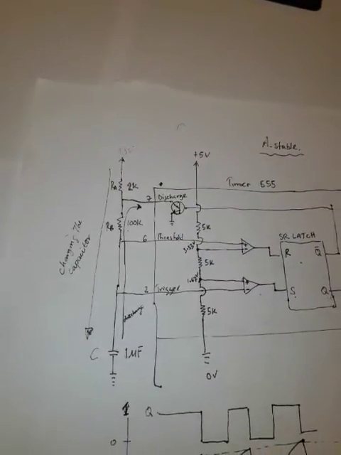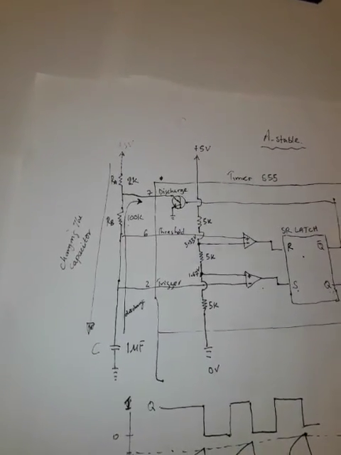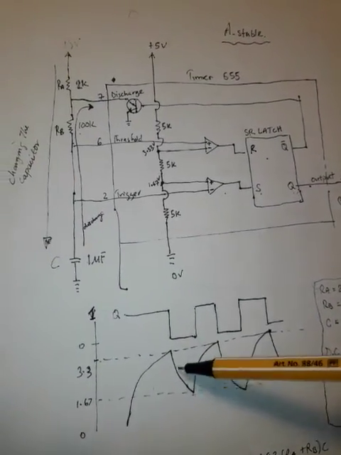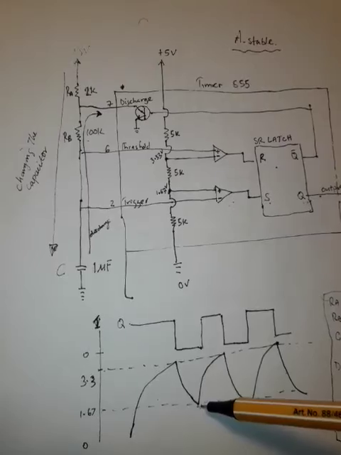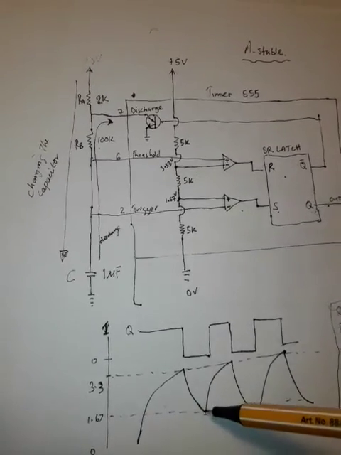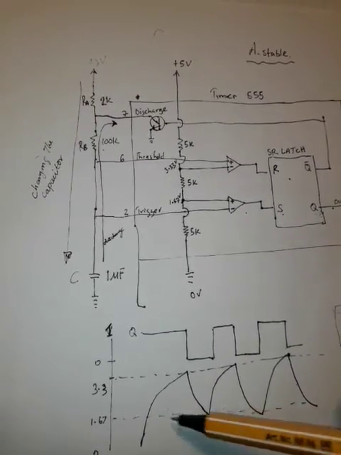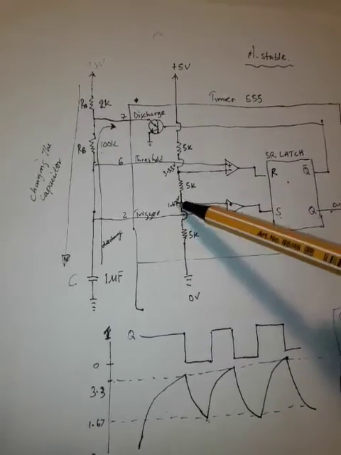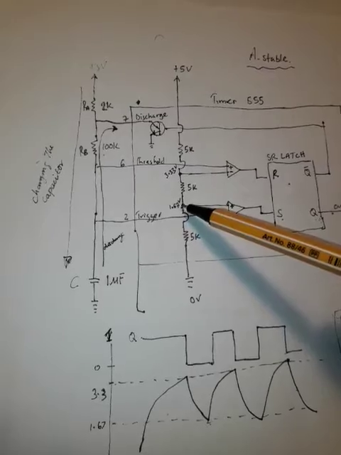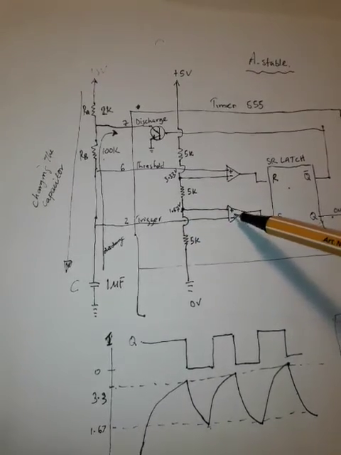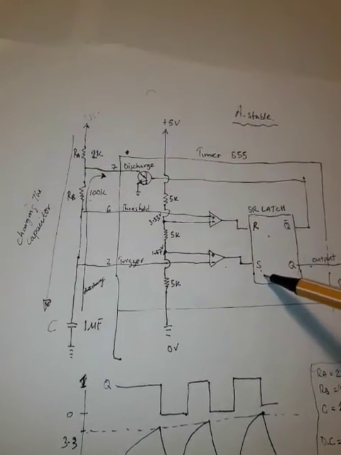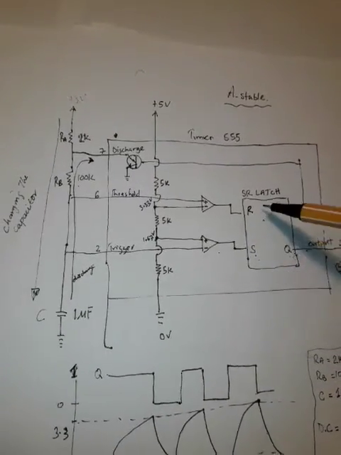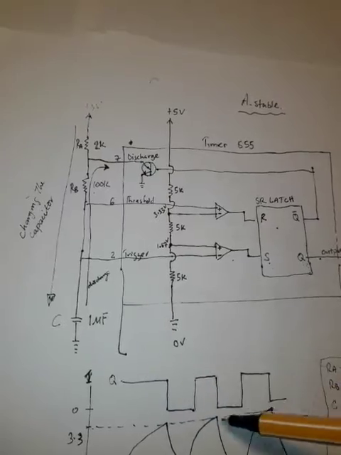And while the capacitor is discharging to ground, once the voltage goes below 1.6 volts, it means it has become lesser than this voltage here, and therefore this comparator kicks in again and sets the SR latch, and this cycle repeats, and this is why we're having this pulse up and down.